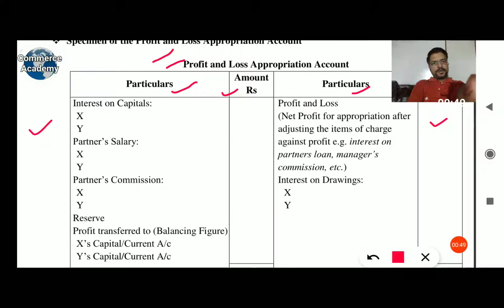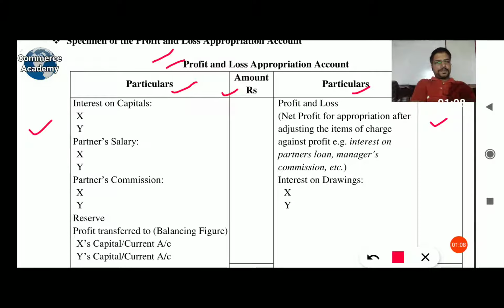The first is interest on capital account Dr, partners' capital, X partner and Y partner, the names of the partners; partners' salary account debit; partners' commission account debit. Last time you prepared the journal entry: interest on capital account Dr to partners' capital account.